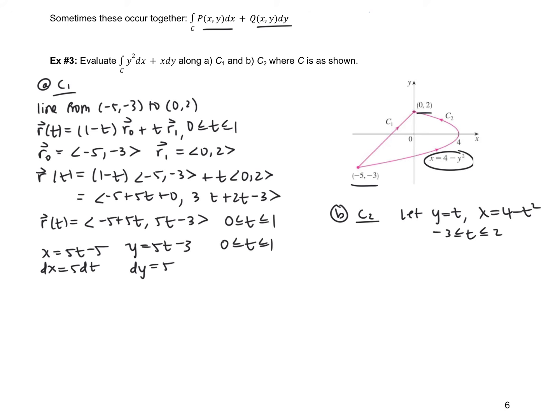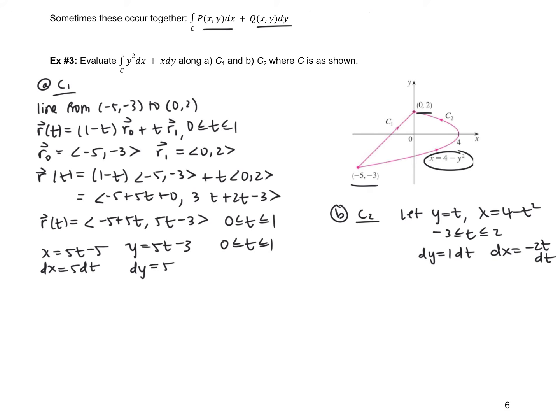So let's pause and just see, does that make sense? If we call y t, x then is 4 minus t squared, and our t is just the bounds for y, -3 to 2. Okay, so what that gives us then is dy is just 1 dt, and dx then is -2t dt.